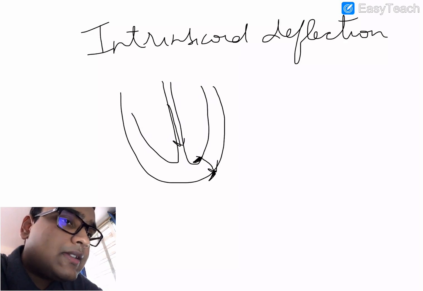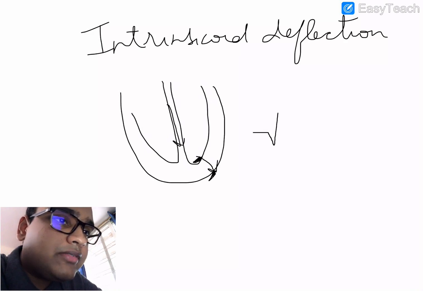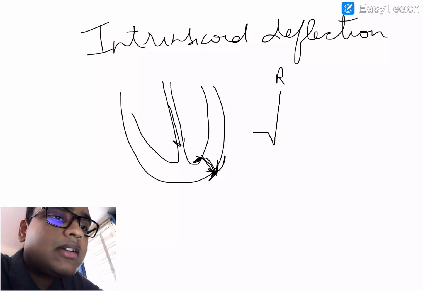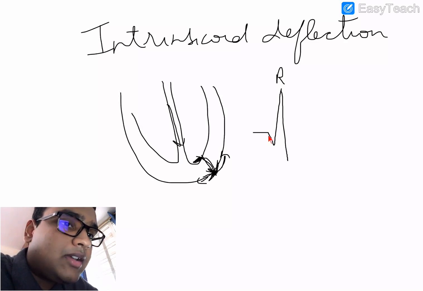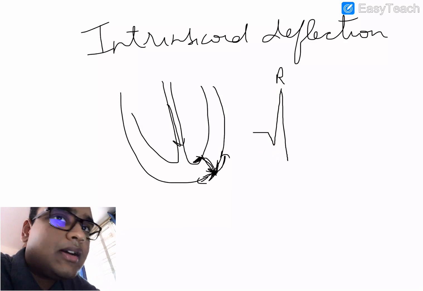When this happens, there is a big positive wave here. Once it reaches the R wave, this corresponds to electrical activity reaching the epicardium. Once this happens, this whole electrical current gets dissipated to other cardiac areas. So this positive deflection stops and there is a drastic negative deflection. So intrinsicoid deflection, also known as peak R time, is nothing but the time taken for depolarization from the endocardium to the epicardium. So that is peak R time.